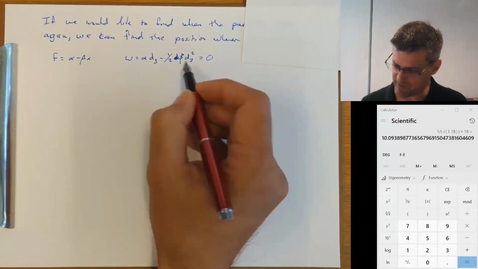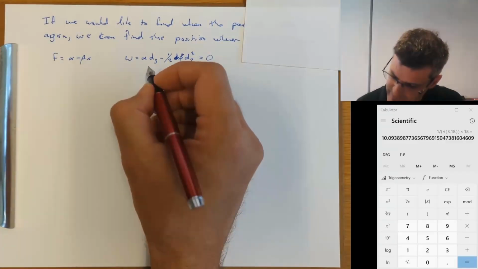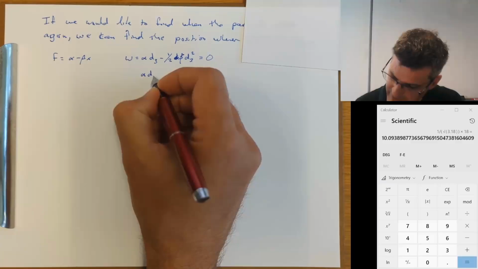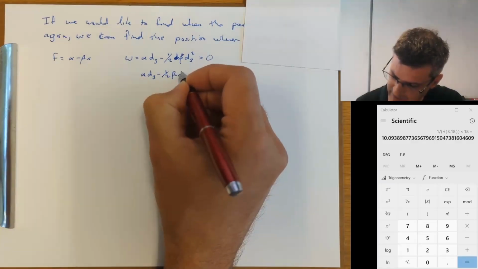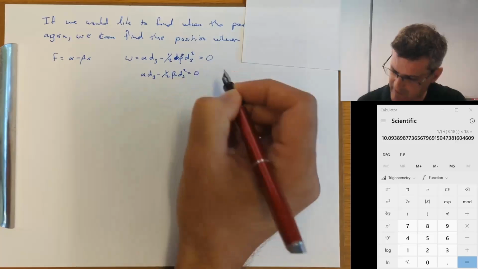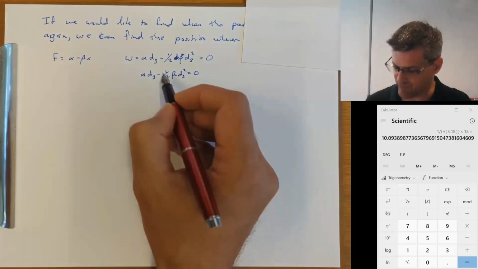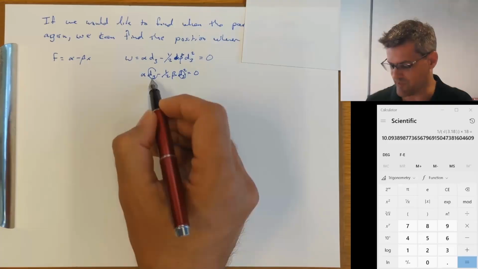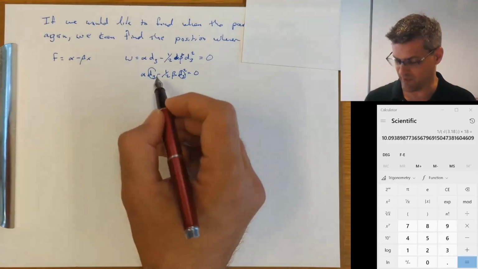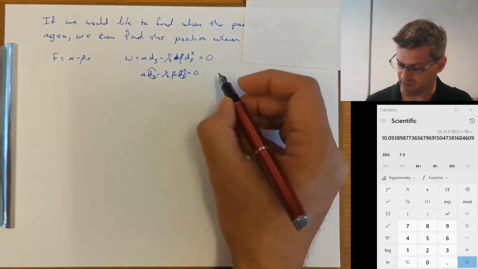So work is equal to 0 if alpha d3 minus 1/2 beta d3 squared is equal to 0. I'm looking for d3. And I see that one position where this is equal to 0 is if d3 is equal to 0.